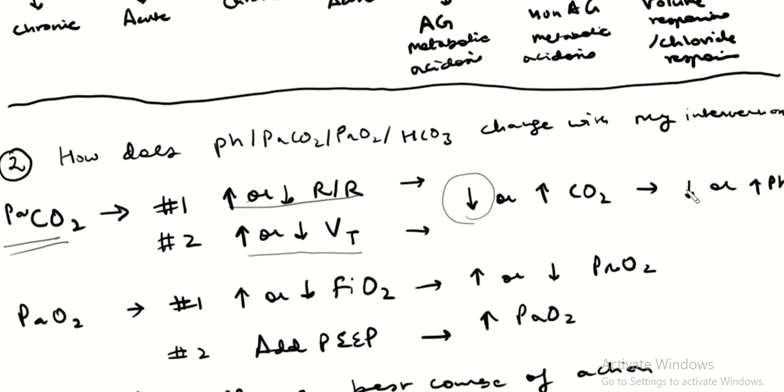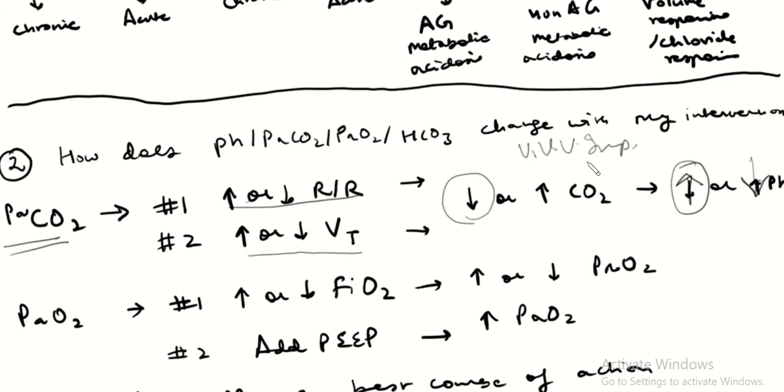And if I go down on CO2, I go up on pH because there's going to be less acid. If I go down on respiratory rate and tidal volume, I go up on CO2, I go down on pH because I have more acid. This is very, very, very important.